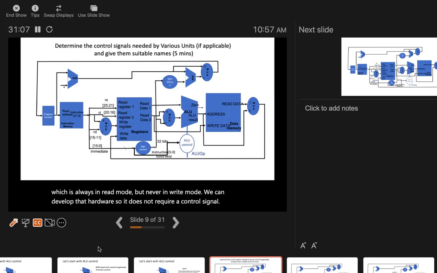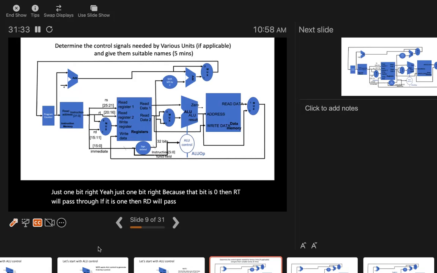Let's talk about this mux. Will it require a control signal? Yes, it will. So team of Manohar and Jasim, how many bits would you require to control this mux? Just one bit, right? Because if that bit is 0, then RT will pass through. If it is 1, then RD will pass through.